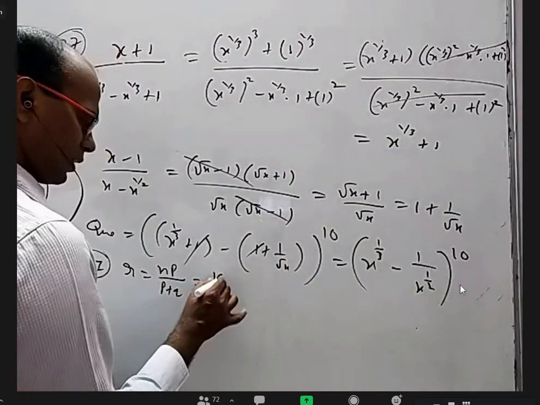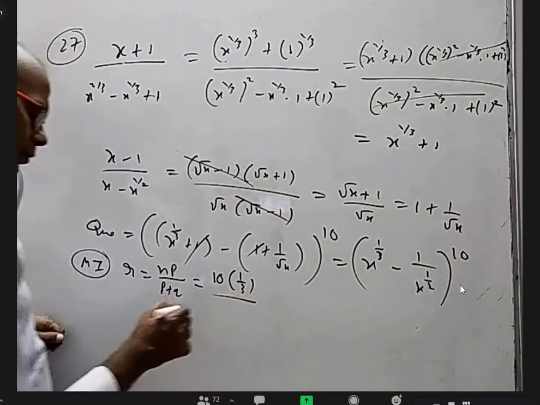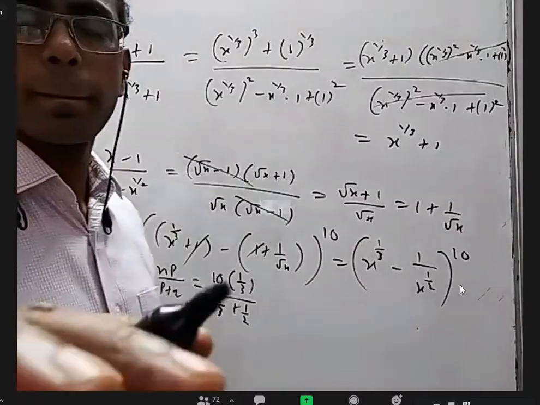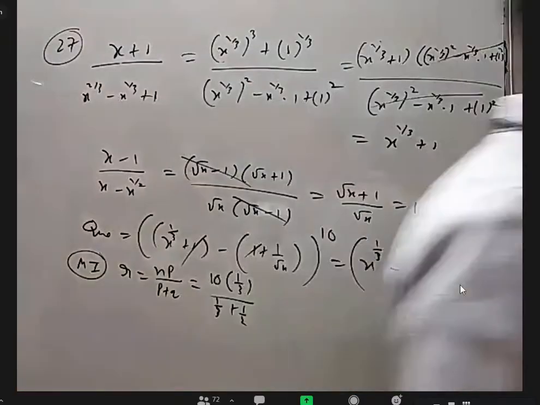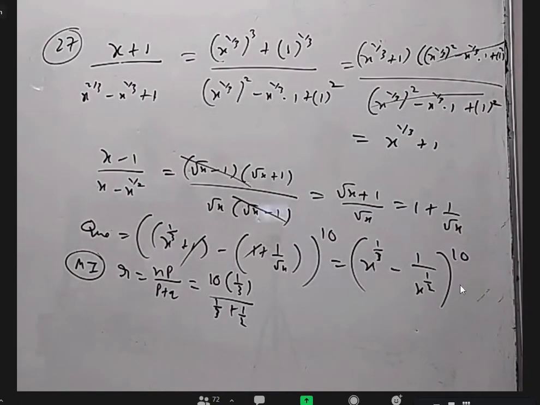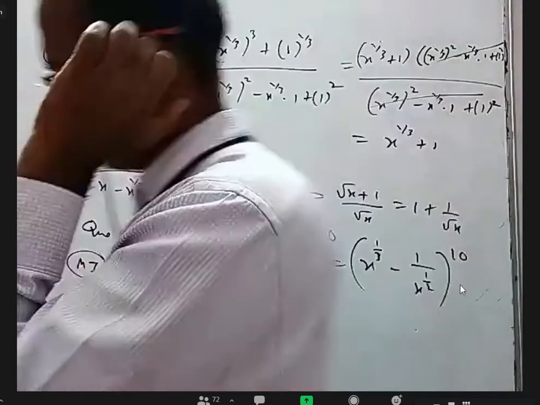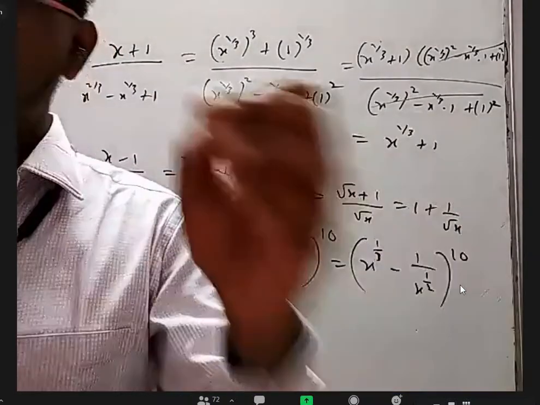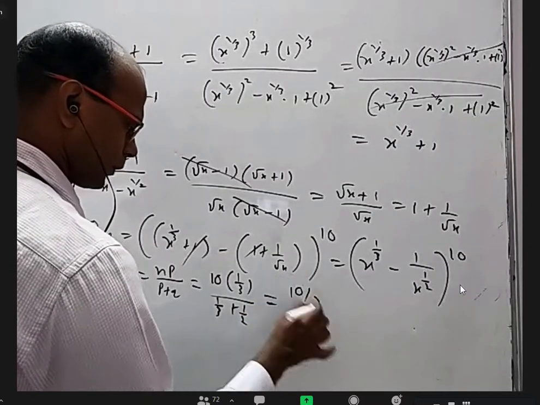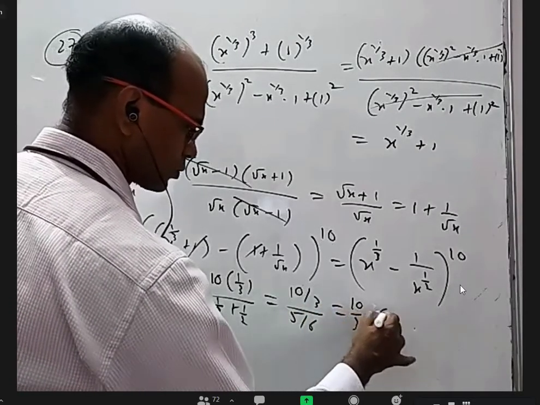Here n is 10, p is the power of x here, q is the power of x here. 10 into 1 by 3 over 1 by 3 plus 1 by 2. That is 10 by 3, this is 5 by 6. 10 by 3 into 6 by 5.